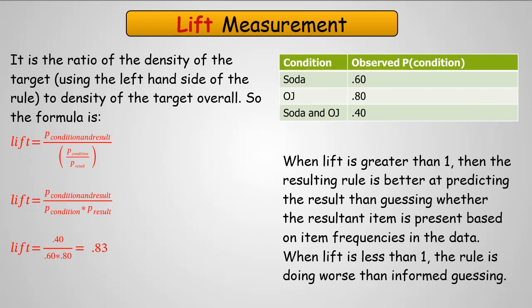So 0.40, looking at soda and OJ together, divided by 0.6 times 0.8 is 0.83.